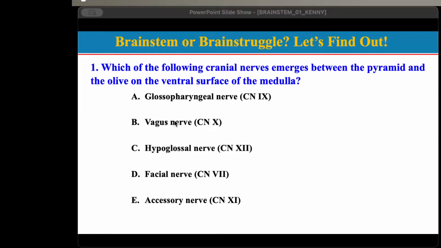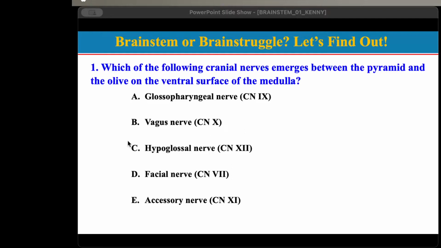The first question is, which of the following cranial nerves emerges between the pyramid and olive on the ventral surface of the medulla? A is glossopharyngeal nerve, B is vagus, C is hypoglossal nerve, D is facial nerve, and E is accessory nerve, or spinal accessory nerve.